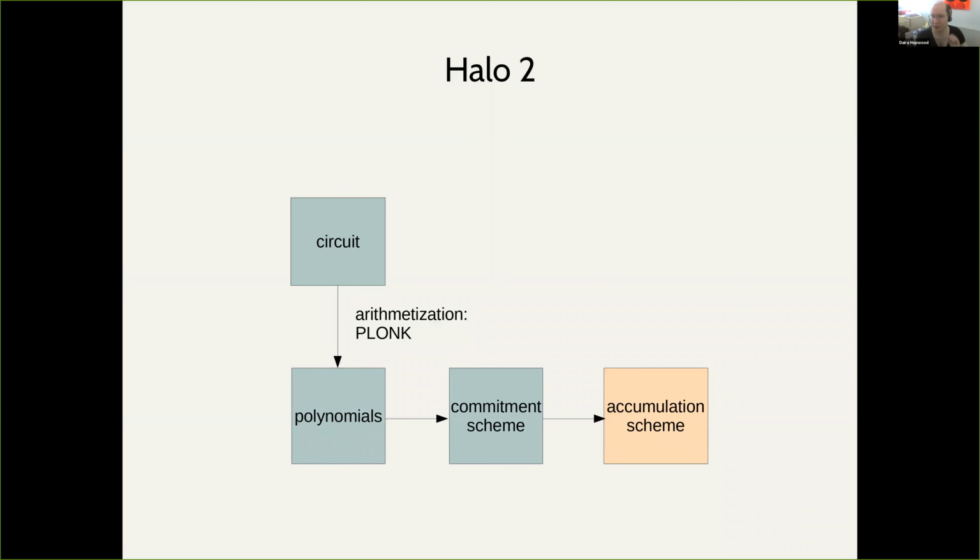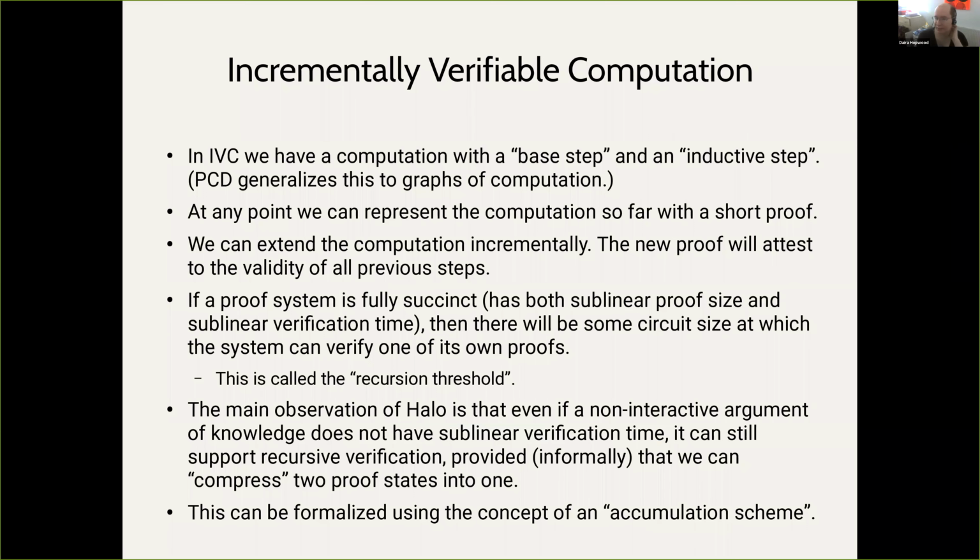Okay, so first of all, let's explain the setting that we're in. The goal of our proof system is to provide incrementally verifiable computation. The idea is that we have a big computation that we want to split into lots of smaller computations. So we have a base step and we have an inductive step.